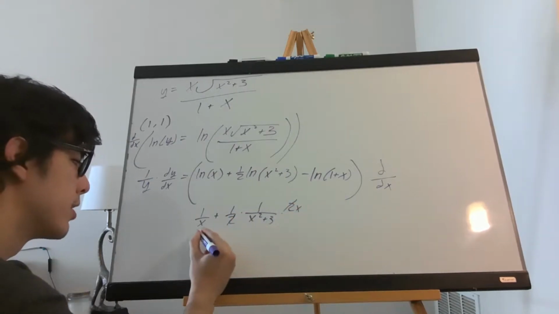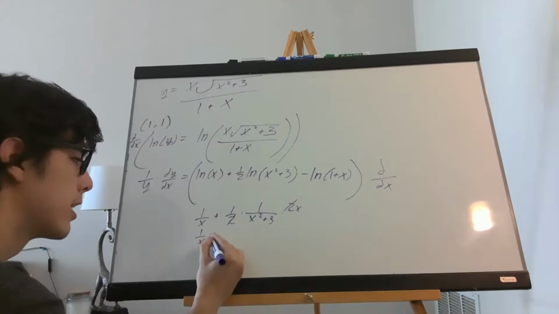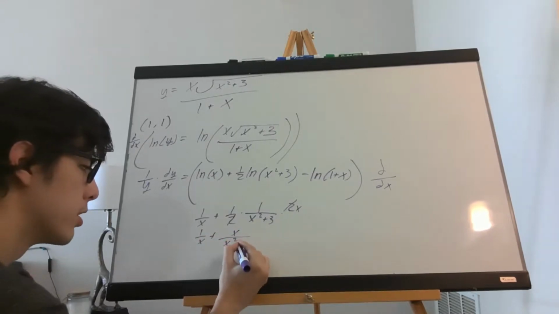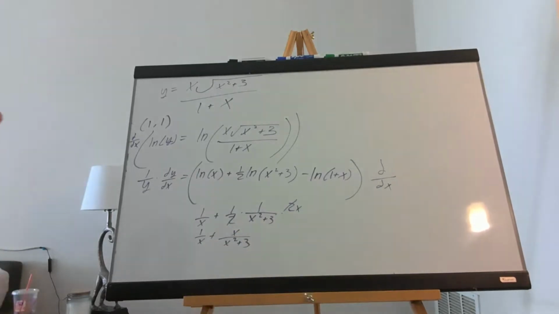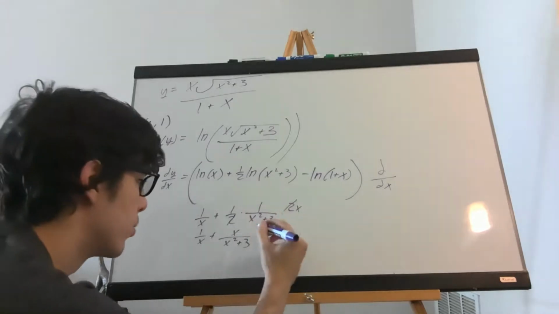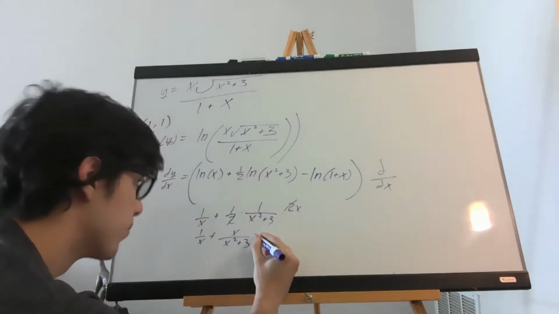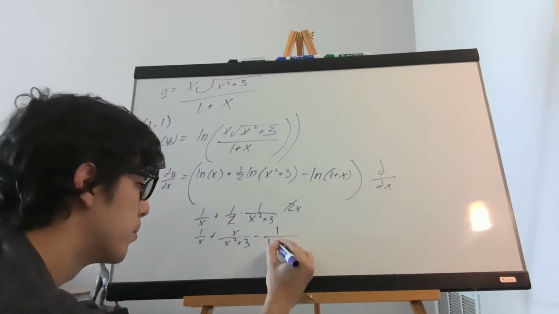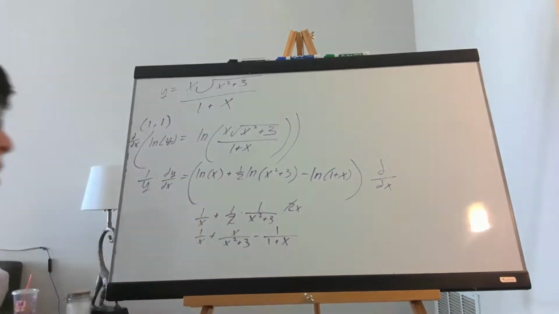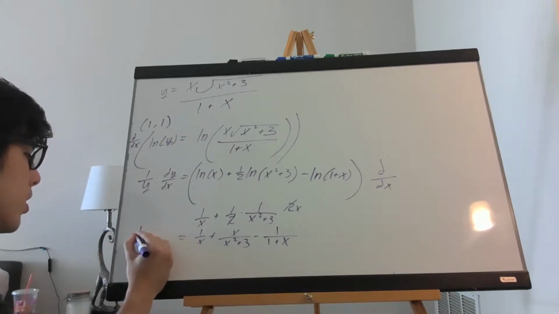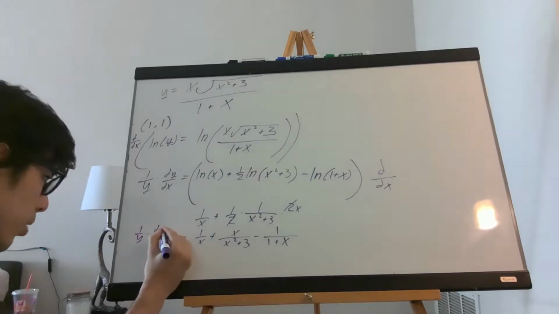So that's going to give us 1 over x plus x over x squared plus 3. Then we're going to take the derivative of this one as well, which is going to be minus 1 over 1 plus x. And this is all equal to 1 over y times dy/dx.